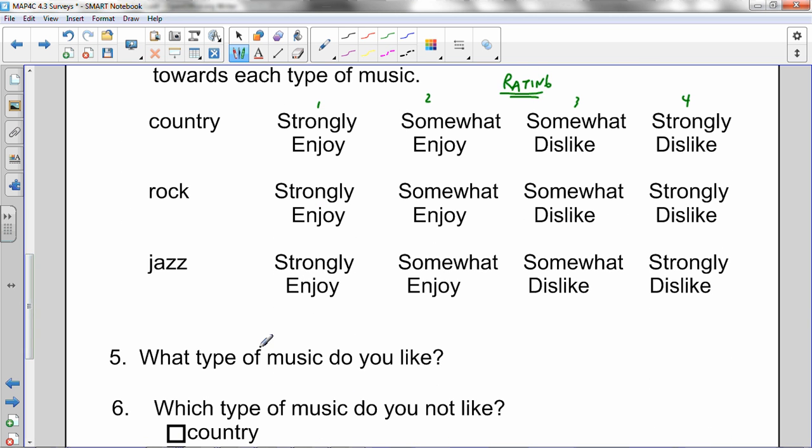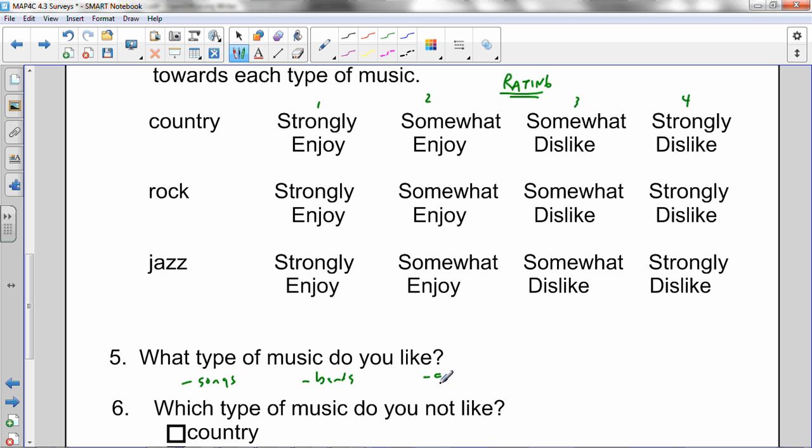What else have we got? What type of music do you like? This was my open question from earlier, and even something like this, I said, well, these words like and music are kind of hard to define exactly. The problem when people answer this is you might get songs: these are the songs I like. These are the bands I like.